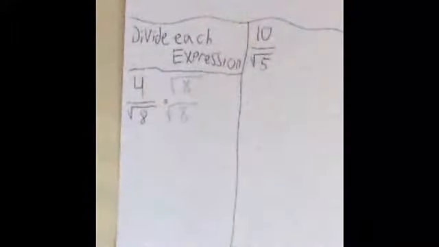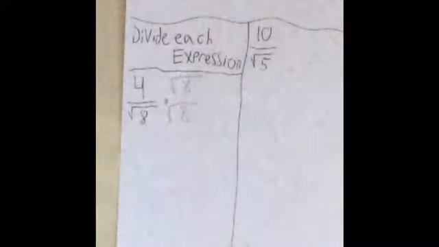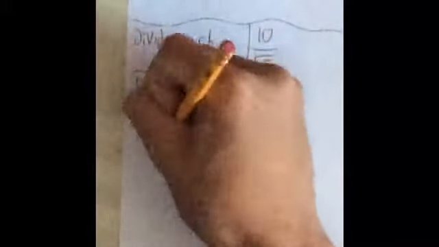So multiply the whole thing by square root of 8. The next step is simple. All we have to do is multiply the top. So it is 4 rad 8 over rad 8 times rad 8.